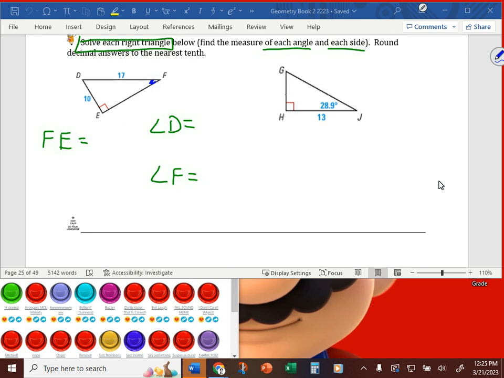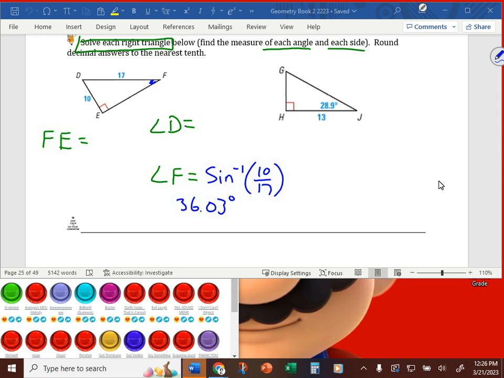I'm looking for sine, cosine, or tangent here. Sine does, right? And since it's an angle, we're using the inverse of sine. Opposite over hypotenuse, 10 over 17. And that's going to give us the measure of angle F, which is 36.03.